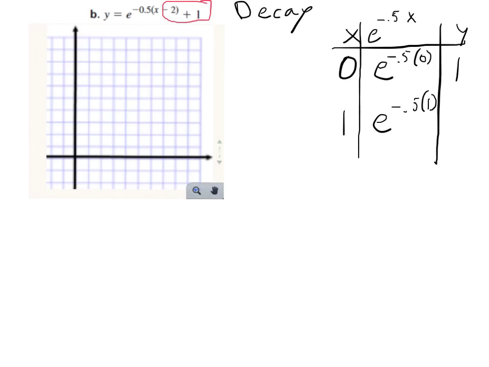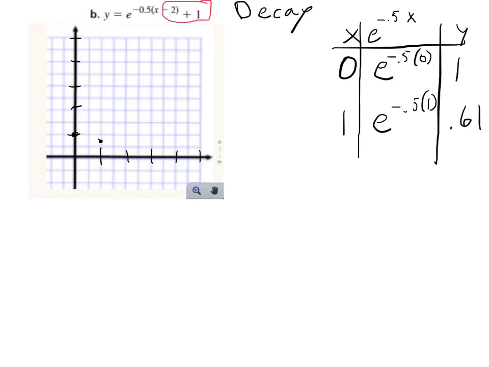Enter. And I get 0.61. Okay? So again, these ones you want to make maybe your spacing on your graph a little larger so that you have room to work. So I'm going to do every other one on my graph paper here. Okay? So for 0 I've got 1, and for 1 I have 0.61, which is a little higher than 0.5.